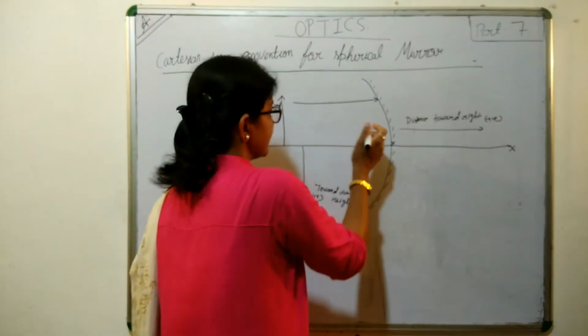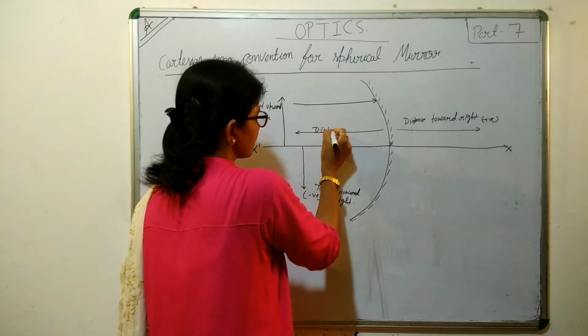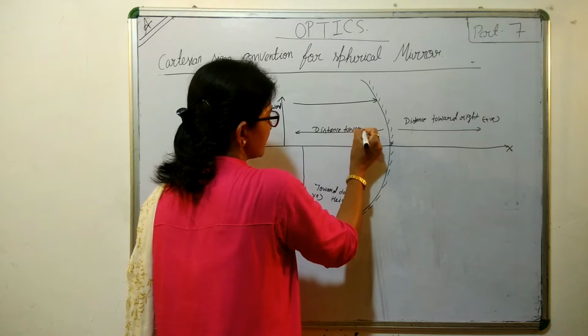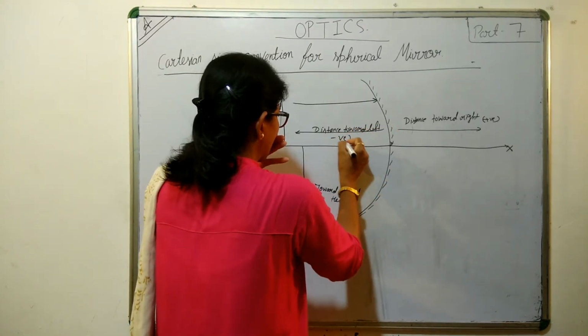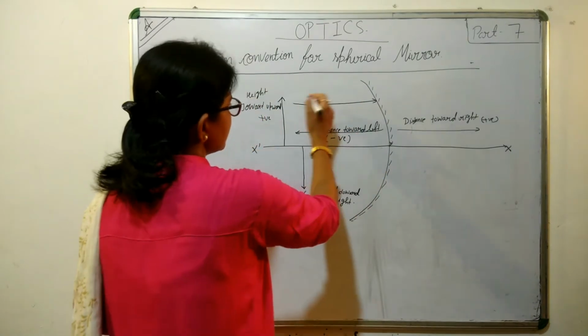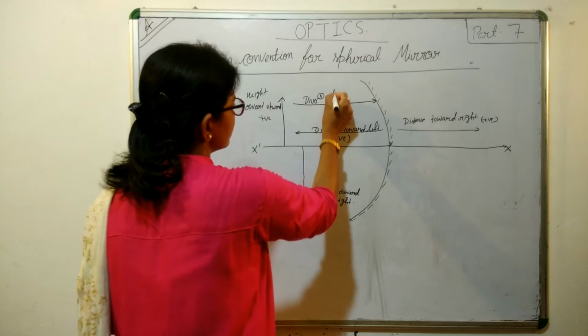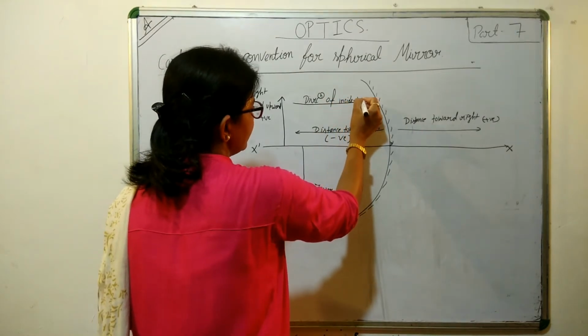Clear? In exactly the same way, distance toward the left is negative. And this is the direction of the incident ray.